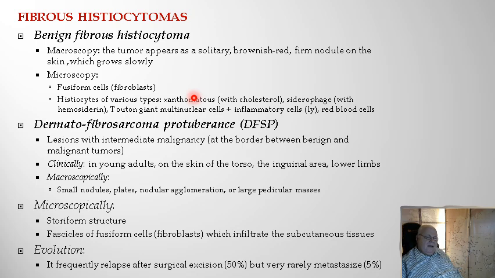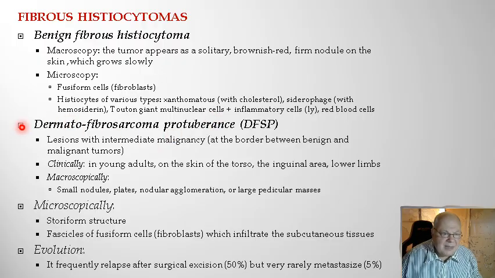Another member, this time being categorized as borderline, is the dermatofibrosarcoma protuberans. This particular tumor is superficial. Despite the name of sarcoma, it is so superficial, meaning beneath the surface of the skin in the dermis, hence dermato.